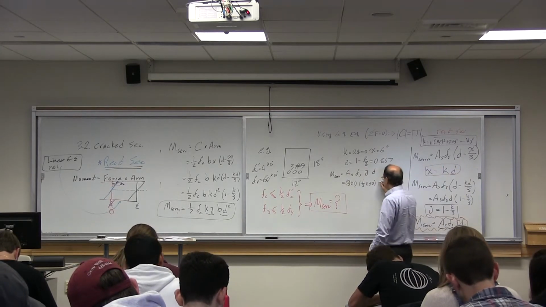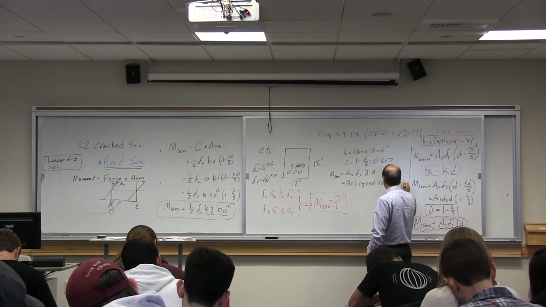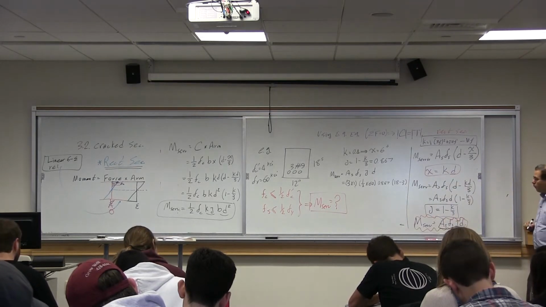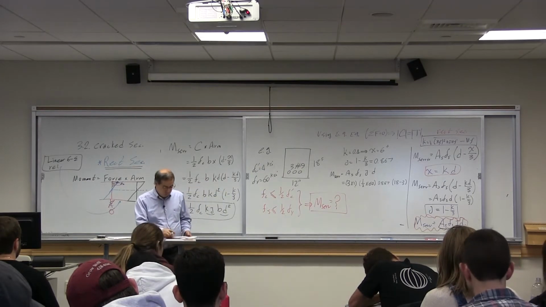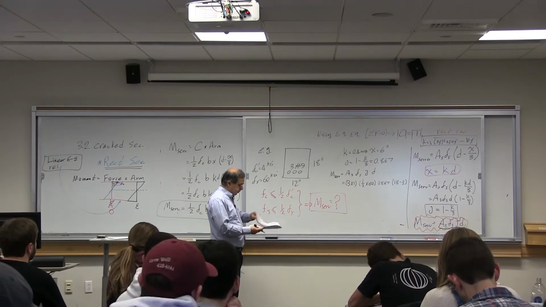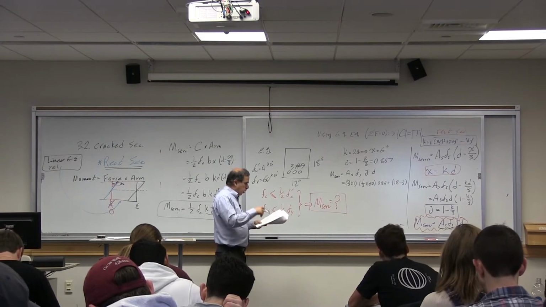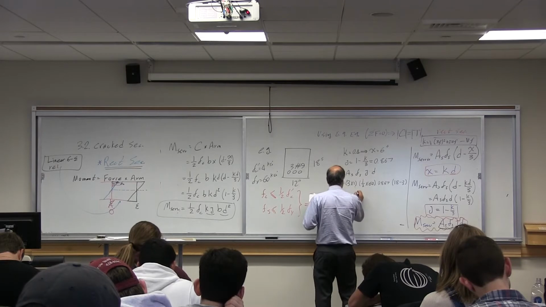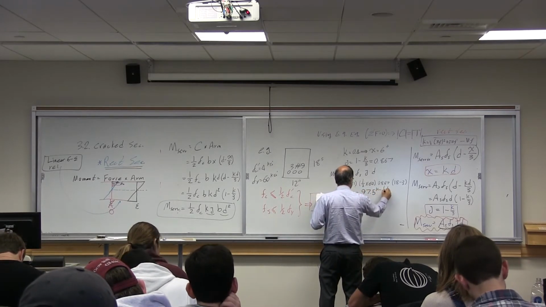J is 0.867 and D is 18 minus 3. If you multiply these things out, you get 97.5 cubic feet.